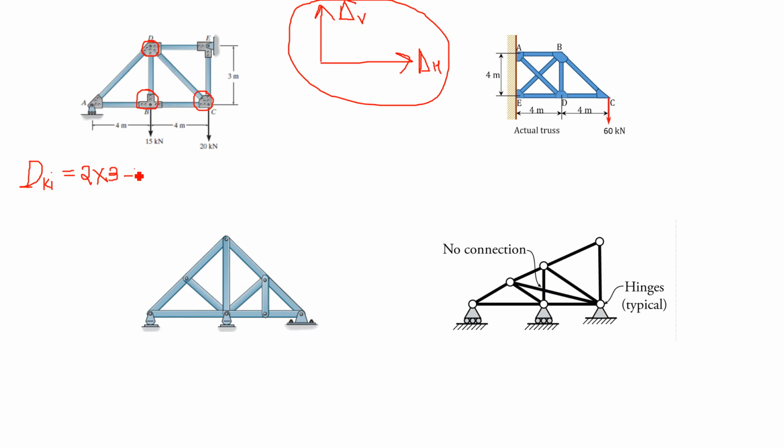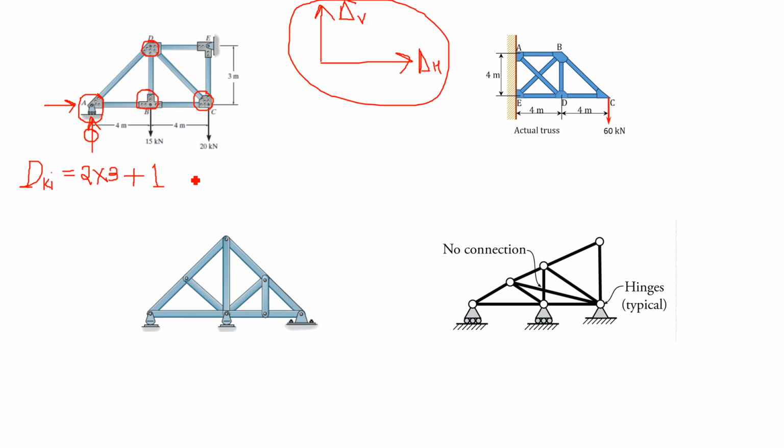Now plus, you have to look at the joints where supports are provided. At this joint, there is a roller support. Roller support means horizontal displacement is allowed, but vertical displacement is not allowed. It means only one joint displacement is possible at A, and that is horizontal displacement. So for the roller support we have to add 1.